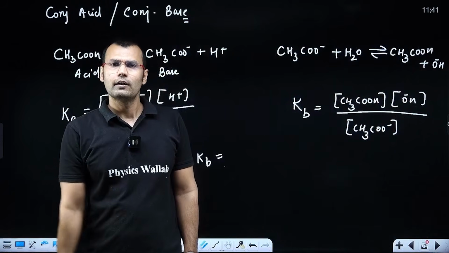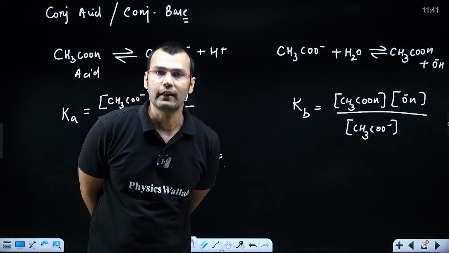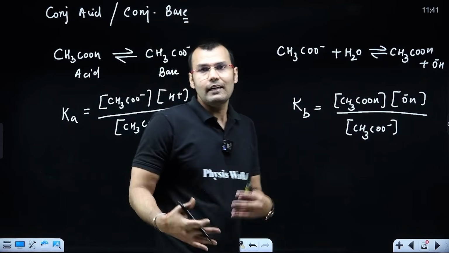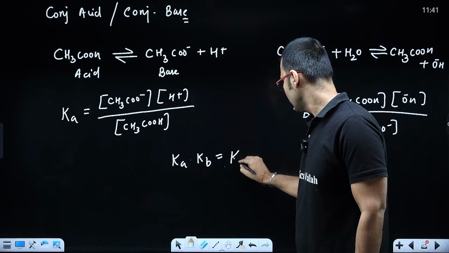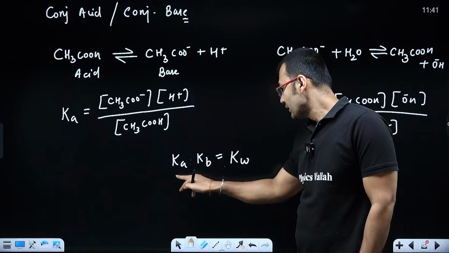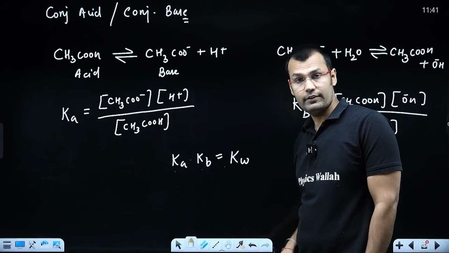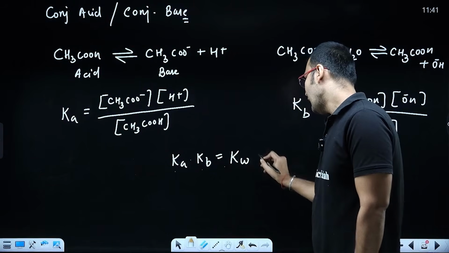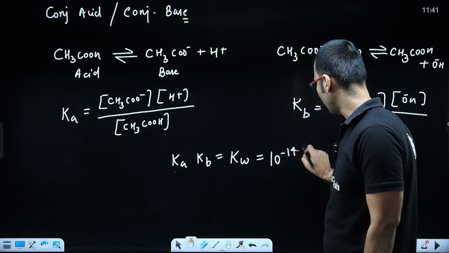And just now we saw that when we have a concentration of H plus into OH minus, that is nothing but Kw. So that's a relation we have, and sometimes we do get a direct question from this. The relation is that the dissociation constant of conjugate acid into that of conjugate base is equal to Kw, and you know that at 25 degrees C it will be equal to 10 to the power minus 14.